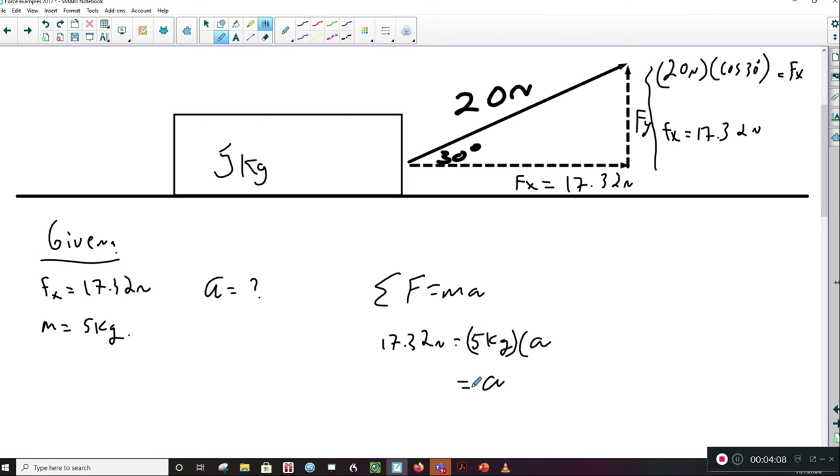Check out, find out. 17.32 divided by 5. Yeah, 3.46 meters per second squared. And that's how you find a problem where you're being pulled at an angle.